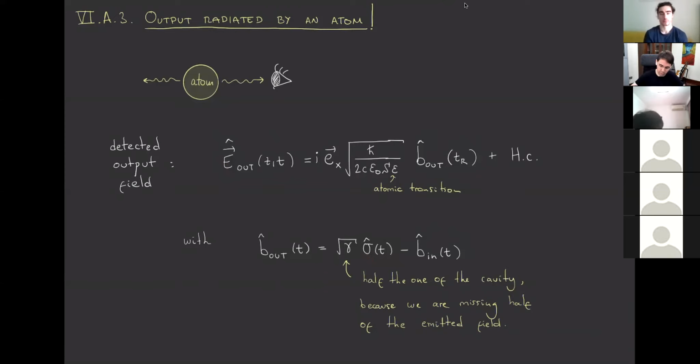This is why I want to give you this example, because here you see what happens when you are observing only part of the radiation that is sent around by the system, in this case, the atom.